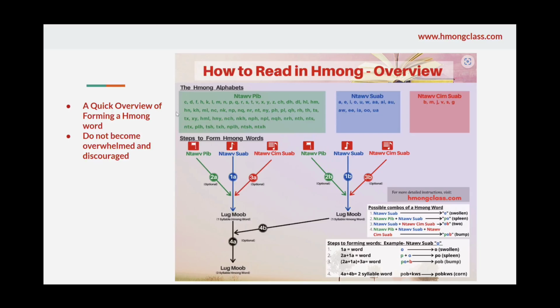Later we'll go over how we use these 3 components to form a Hmong word, a 1-syllable Hmong word. You can have multi-syllable Hmong words, but the main thing is to understand that the 3 building blocks of a Hmong word are the consonants, the vowels, and the vowel pitch modifier.